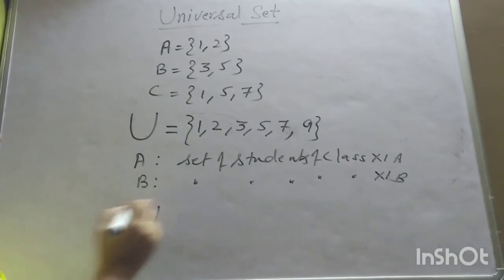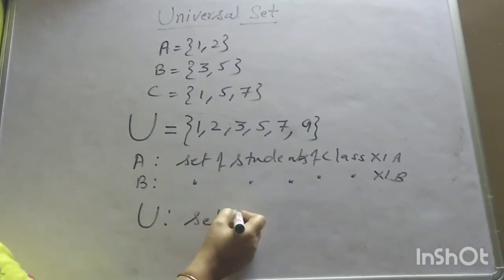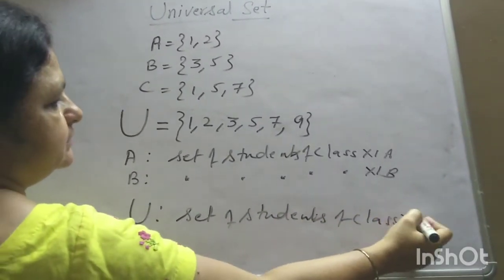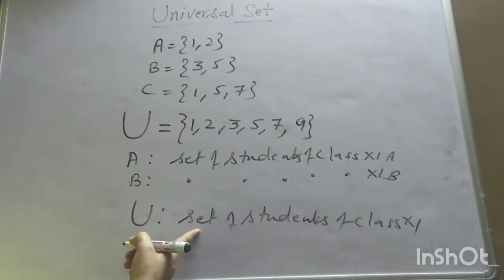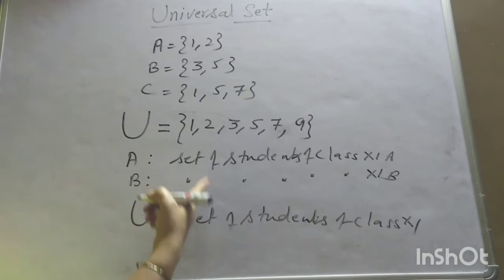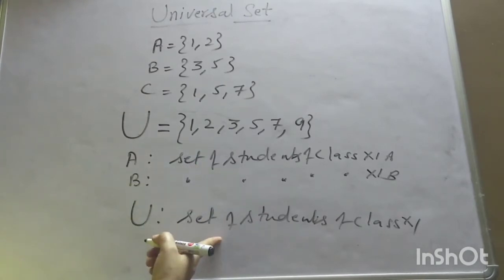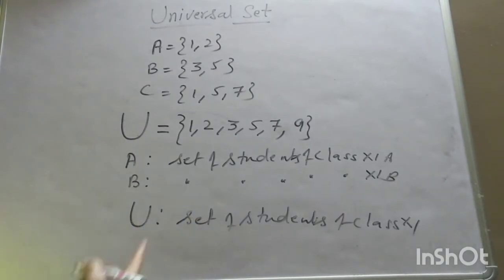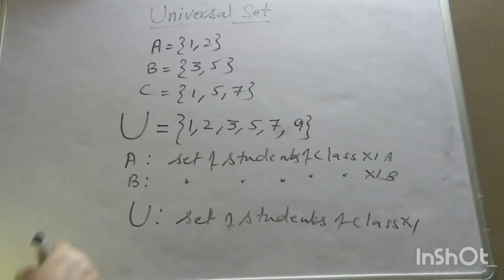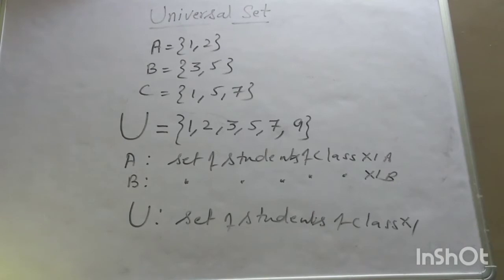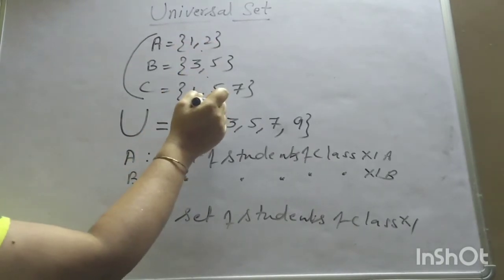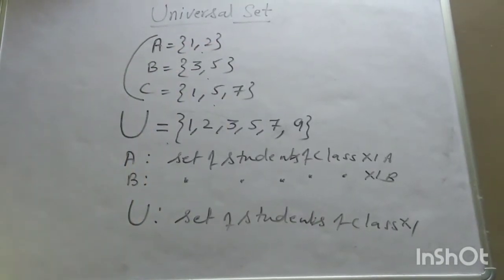We can say universal set is set of students of class 11th, because this set must contain all the students of 11th A and 11th B. Also, this set can have some students of some other sections like 11th C, 11th D and so on. So, universal set of any sets must contain all the elements of these sets.